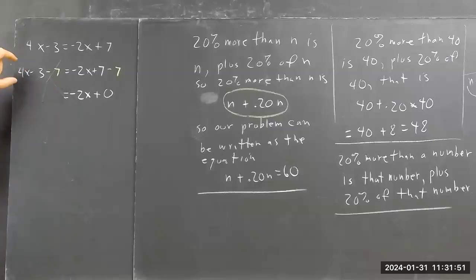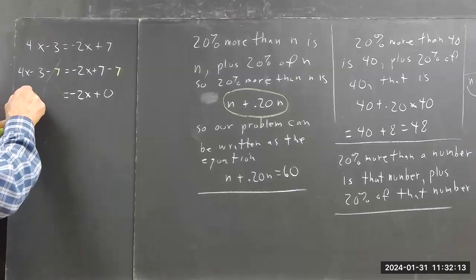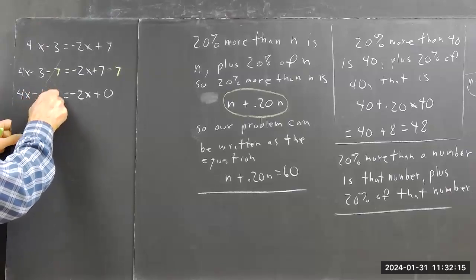We can't isolate the 4 and subtract 7 from 4 because 4 is multiplied by x, and we don't know what x is. So we don't know what number 4x stands for, so we can't subtract the number from something we don't know the value of. But we can do negative 3 minus 7, and that's going to give us 4x minus 10.